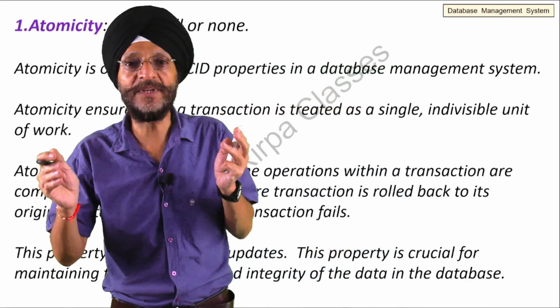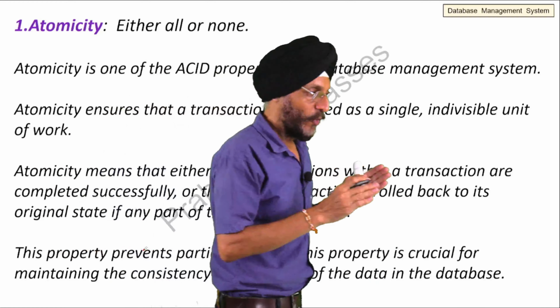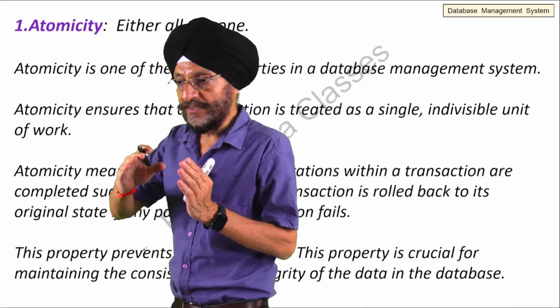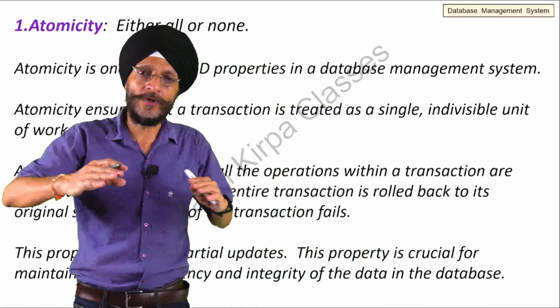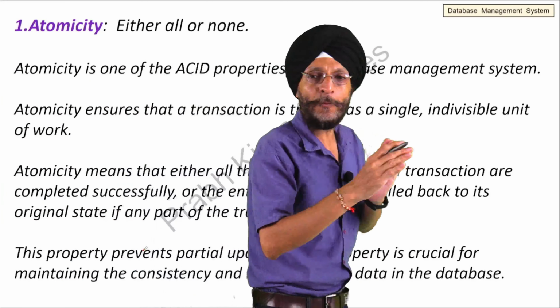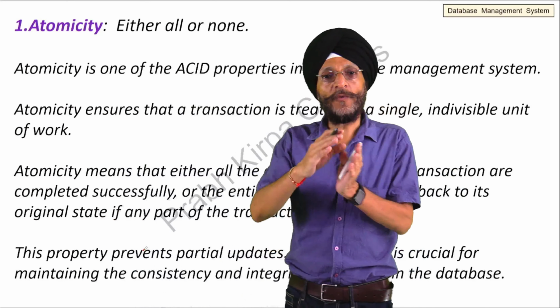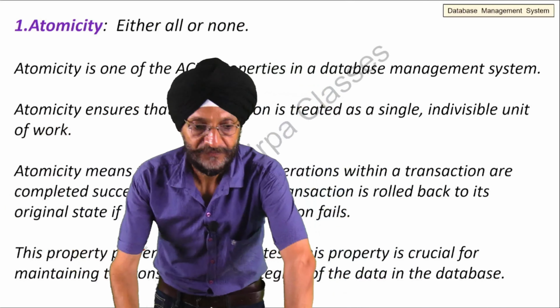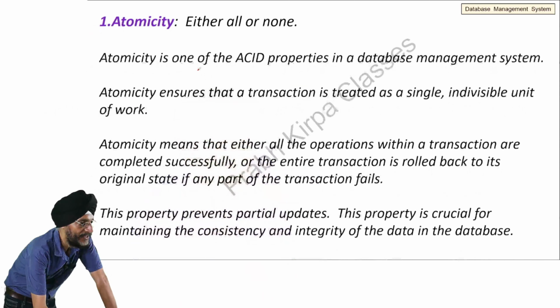Atomicity. Atomicity means either all or none. It means that either a transaction should be performed in full or all the operations of the transaction are reverted back. Now let us read. Atomicity is one of the ACID properties in DBMS.